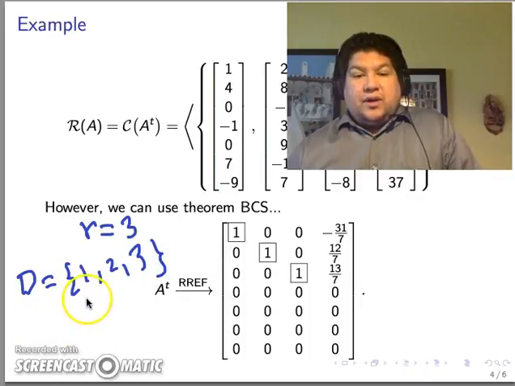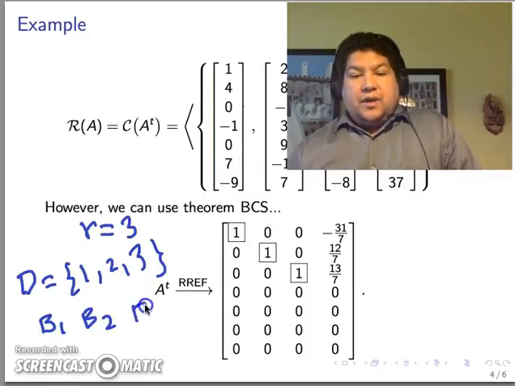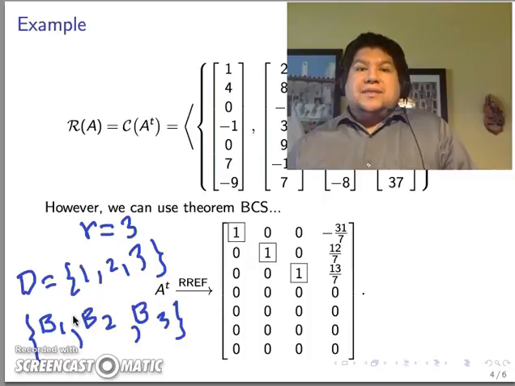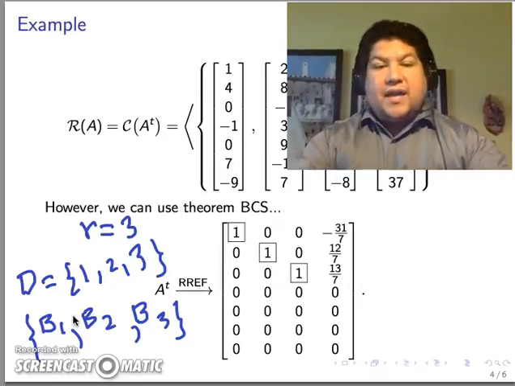So we could work with columns B sub 1, B sub 2, and B sub 3. If we select these columns, then we would be selecting a subset of the columns of A transpose that is linearly independent and also spanning.